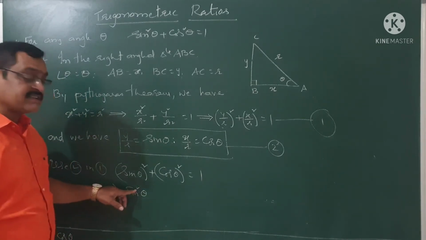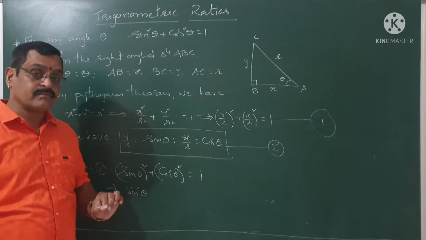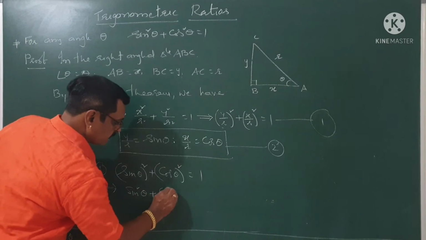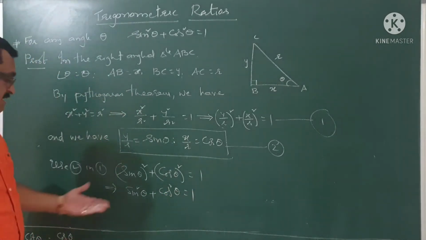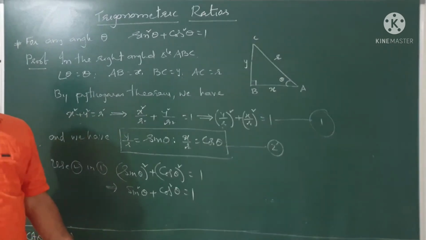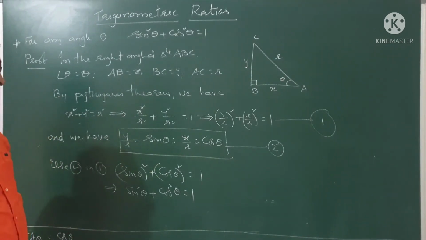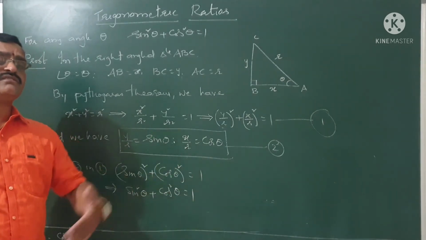This exponent is for the entire sin theta, not only for sin. Plus cos square theta also is equal to 1. This is the next most important, well-known, famous trigonometric identity. From this, we can establish other identities also.